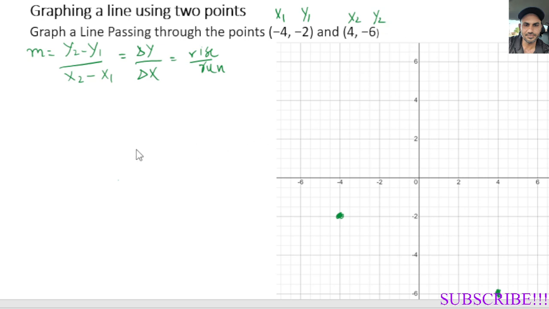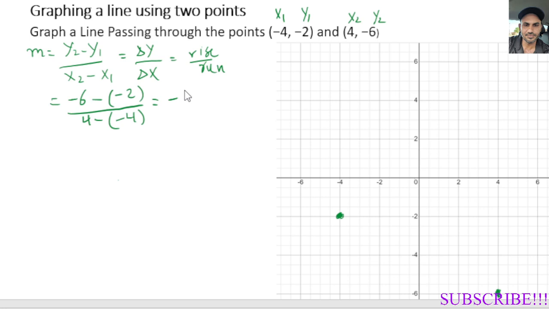Okay. Now let's go ahead and plug in these values into this formula right here. So y2 is -6, minus y1, which is -2, and then divide that by x2, which is 4, minus x1, which is -4. Okay, now simplify the numerator.